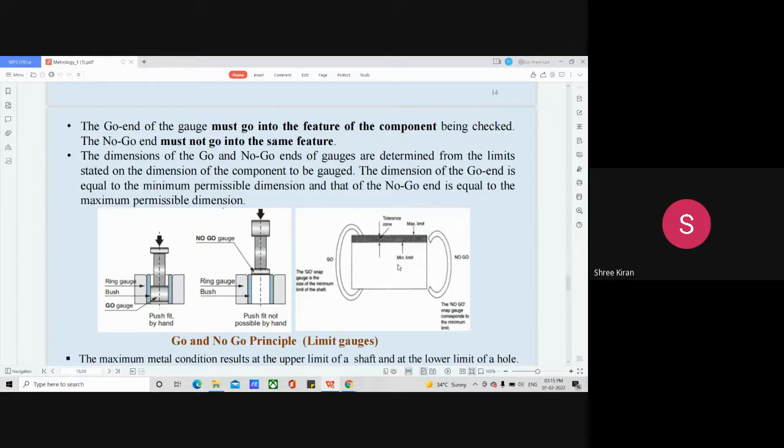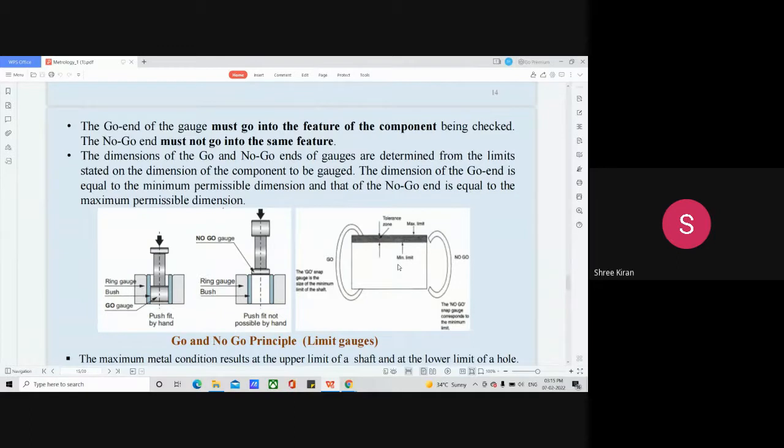Then the dimension of the go end is equal to the minimum permissible dimension, and that of the no go end.